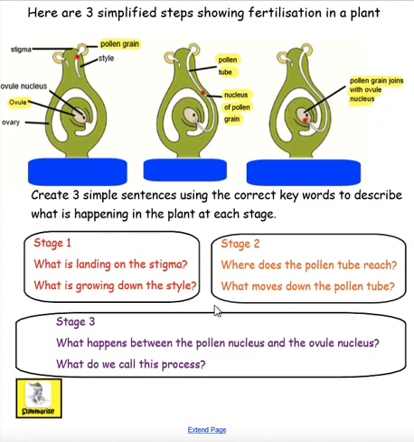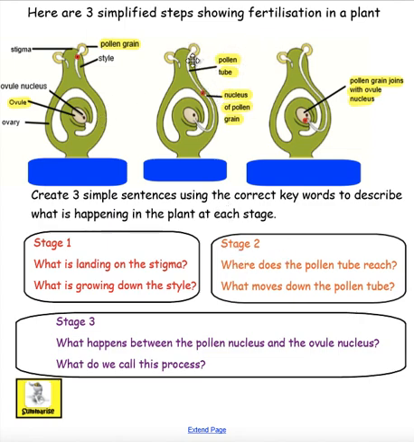So we've got 3 stages. You need to use the parts highlighted on the 3 diagrams to create 3 simple sentences to describe what's happening at each stage. The questions you need to answer in your sentence are shown in the 3 stages below. So for stage 1, what have we got landing on the stigma? What is growing down the style? The second diagram will help you with that.